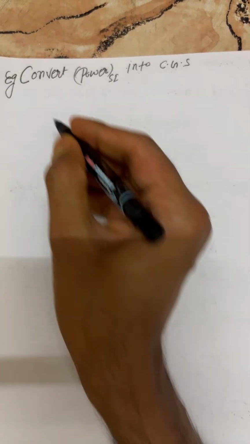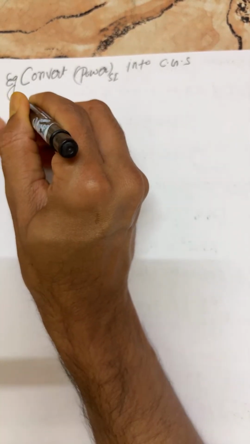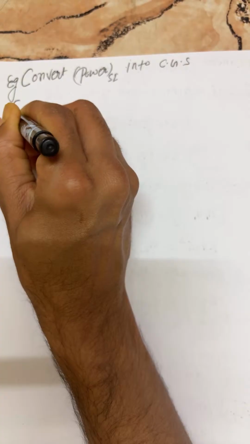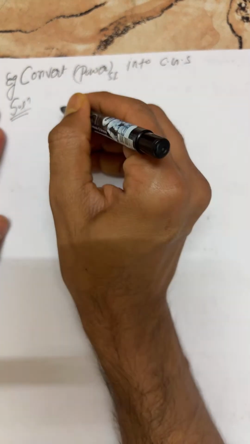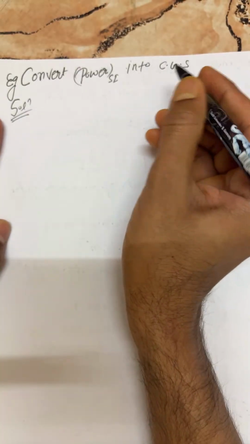Beta, here we have to convert SI to CGS. Now students, follow the same pattern for these questions. How to solve? Beta, I'm telling you, this is highly important. So this is what, my kids.